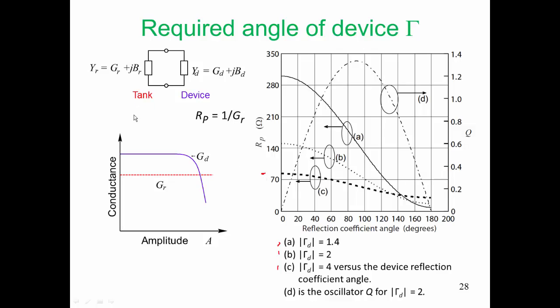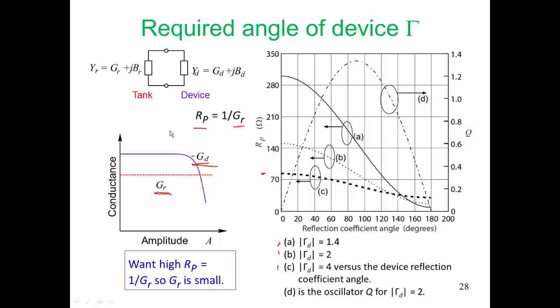So our oscillation condition requires us to have a magnitude of GD that is greater than GR. That is, we want GR to be small or smallish. In order to have a small GR, we must have a large RP. So in order to have oscillation, we must have a high RP. RP is equal to 1 over GR.